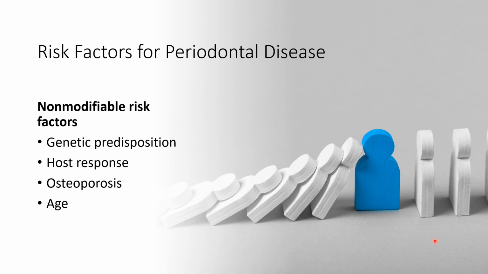A person who's immunocompromised or has a chronic disease will result in higher prevalence and severity of periodontal disease. Osteoporosis, because there is an association between periodontal disease, a person with osteoporosis has increased risk of greater millimeters of clinical attachment loss. Age is factored in to take into consideration more severe periodontal disease at an earlier age.